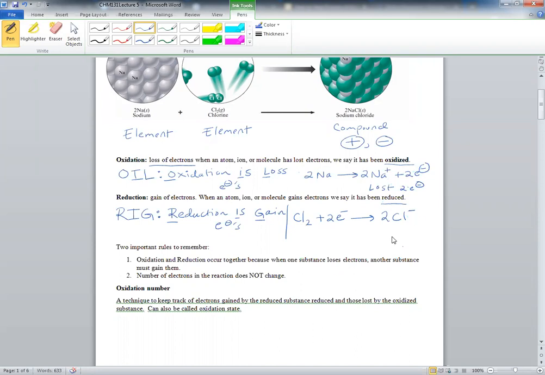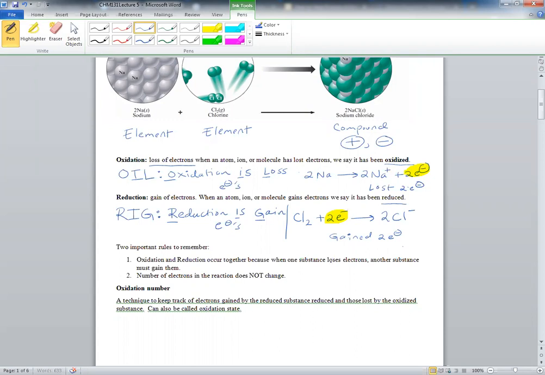Now, it's important to show you that these same electrons that chlorine gained came from sodium. They didn't come from nowhere. Of course, that's impossible in chemistry or physics. It's the law of conservation of mass. So these were lost, these were gained. So we say here that this one gained 2 electrons.